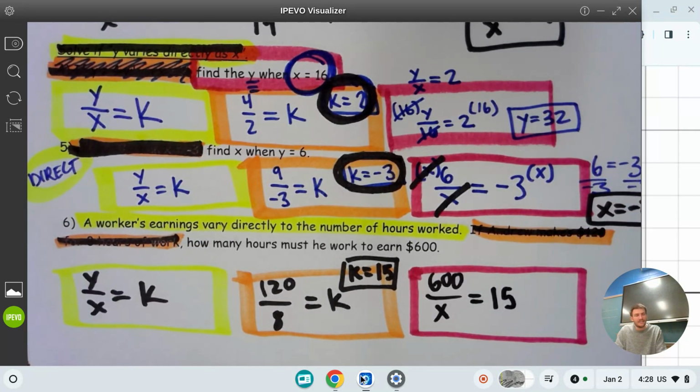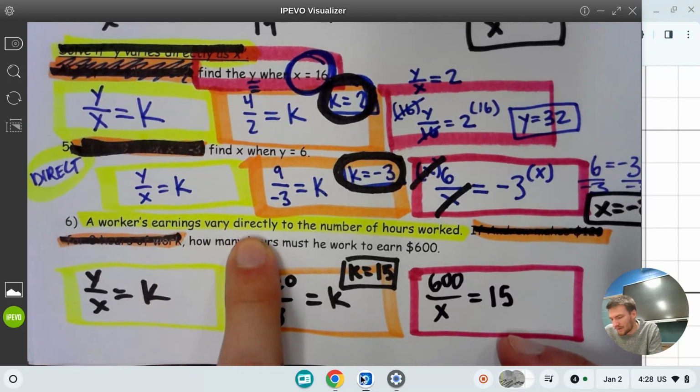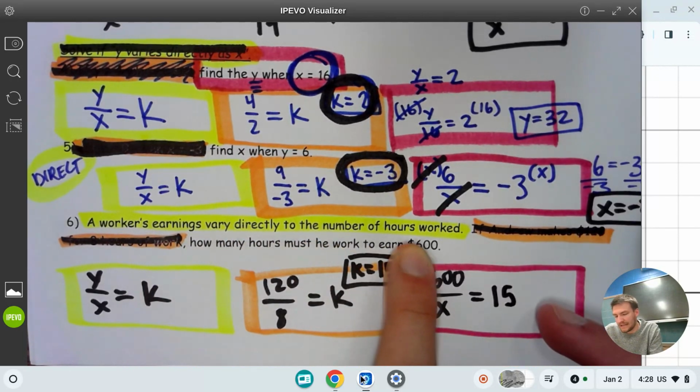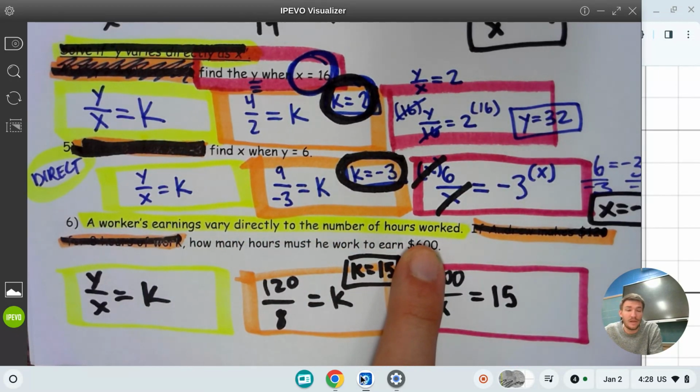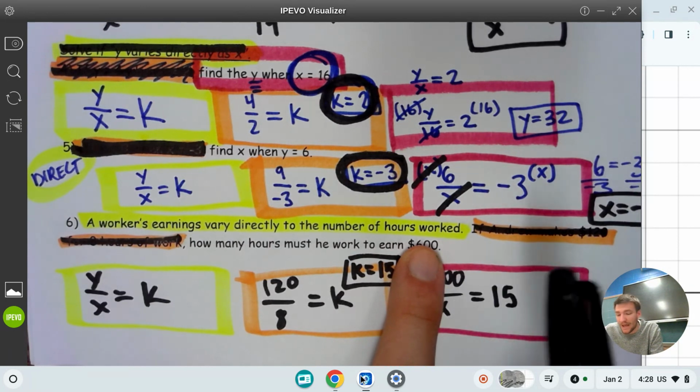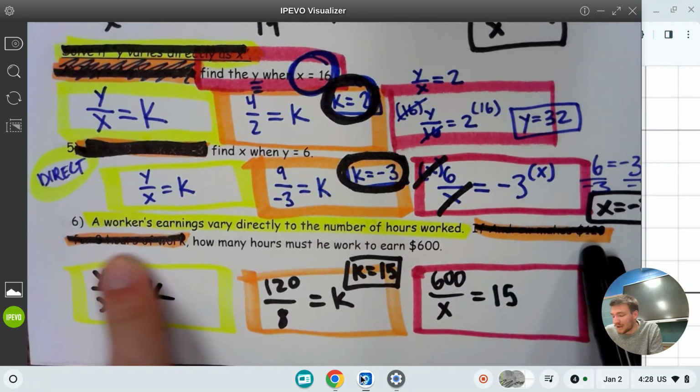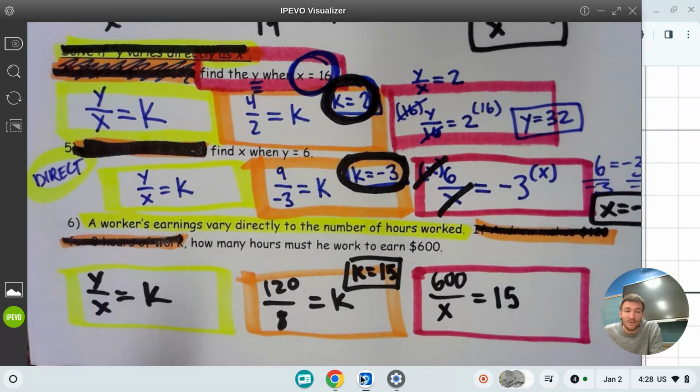Now, imagine this. You're doing math and you're thinking to yourself, when am I ever going to use this, Mr. Collier? I'm so annoyed. When would I ever do this? This is such a relevant question, okay? It literally says you're doing your work and it's varying directly, which means the more you work, the more you make. Now, Andrew made $120 for 8 hours. And 8 hours is like a day, right?